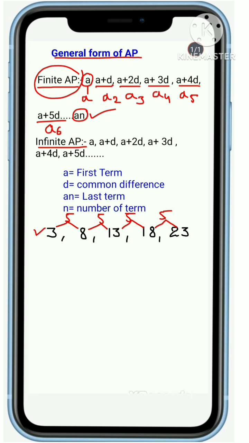Now, in this AP, if you have to identify A, D, AN and N, then here A, which represents first term, is 3.